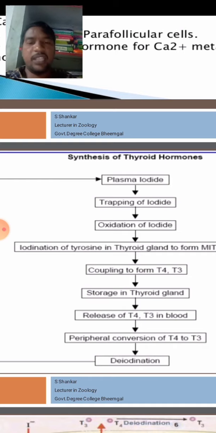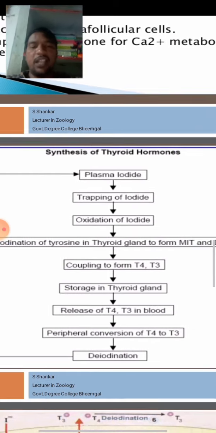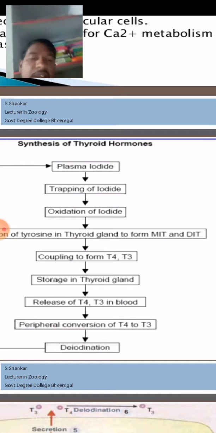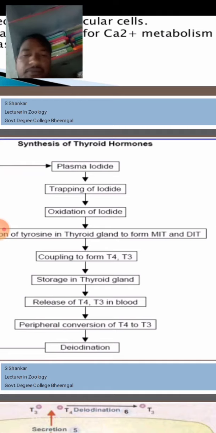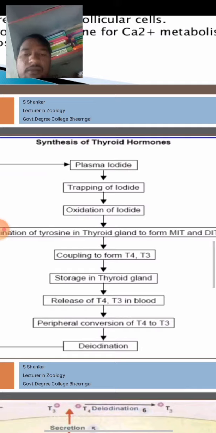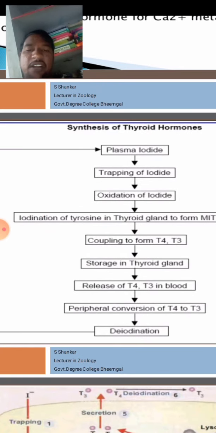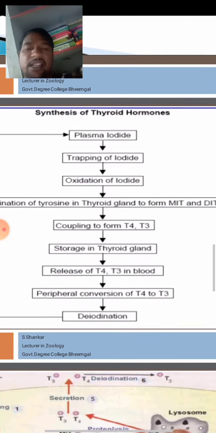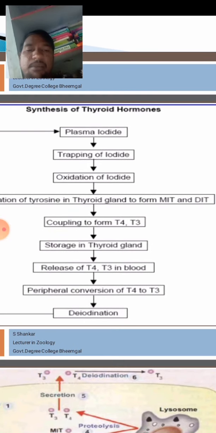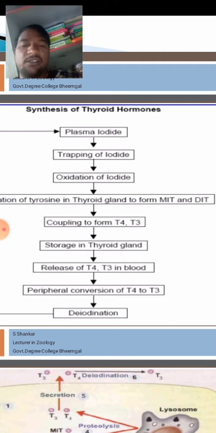Iodination of tyrosine in the thyroid gland to form MIT and DIT. Coupling to form T4 and T3, tetraiodothyronine and triiodothyronine.